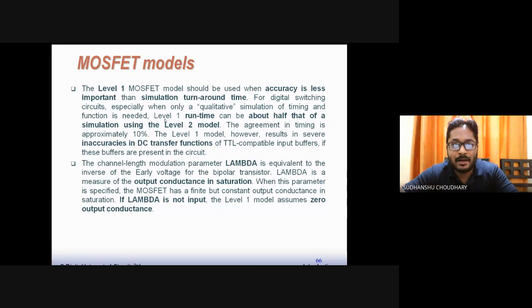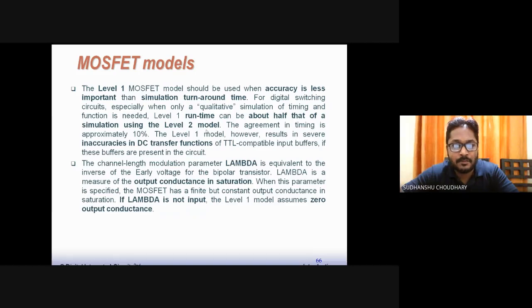With level 1, the run time can be about half that of simulation using the level 2 model. So the time it takes to simulate your circuit becomes half if you use level 1 instead of level 2. But level 1 is not very accurate, and level 2 can be more accurate. It also depends upon the size of the MOSFET that you are using.